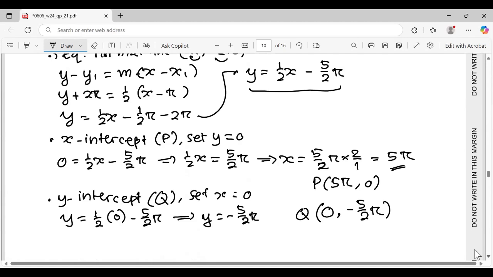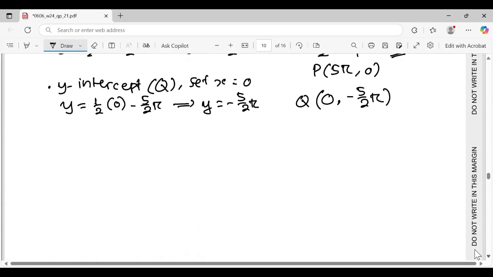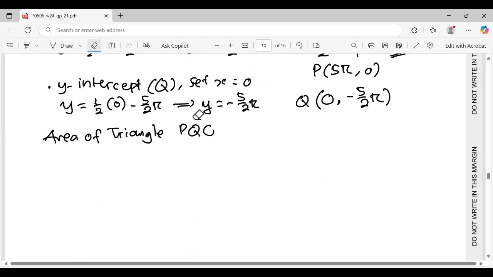Let's continue. We're going to continue to find the area of triangle POQ. Sorry, I mean POQ.